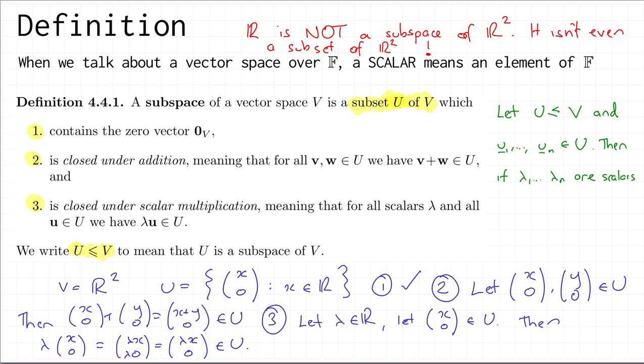So U is closed under scalar multiplication, so lambda 1 times U1 is an element of U, and lambda 2 times U2 is an element of U, and lambda 3 times U3 is an element of U, and so on. But then we also have the closure under addition property. So if lambda 1 U1 and lambda 2 U2 are both elements of U, then so is lambda 1 U1 plus lambda 2 U2. And similarly, since lambda 3 U3 is also an element, I can add that as well, and I'm still an element of U.